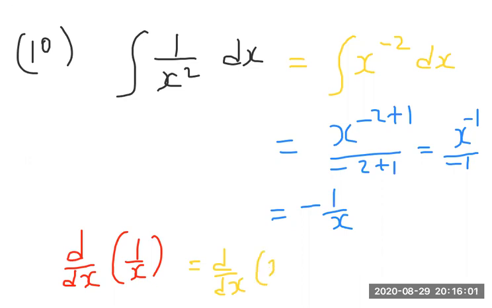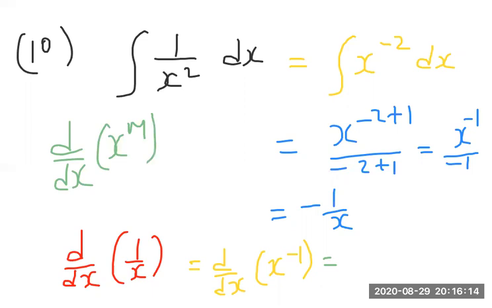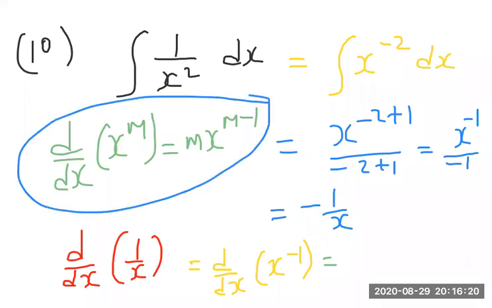Yes, x power minus 1. So d by dx of x power minus 1. Do you remember the differentiation formula? d by dx of x power m is equal to m into x power m minus 1. This is the differentiation formula. Whatever the power is, you have to bring it here.